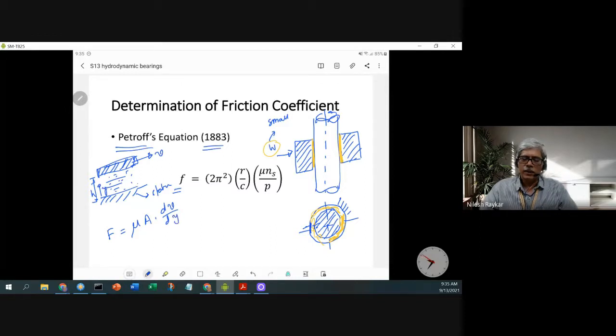The velocity gradient multiplied by the area of the plates multiplied by mu, the absolute viscosity, gives the frictional drag.